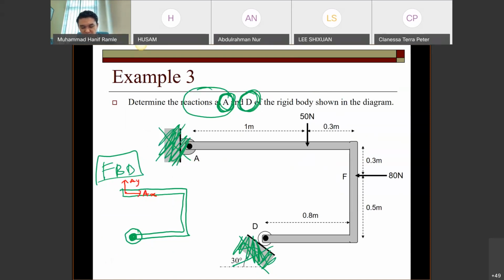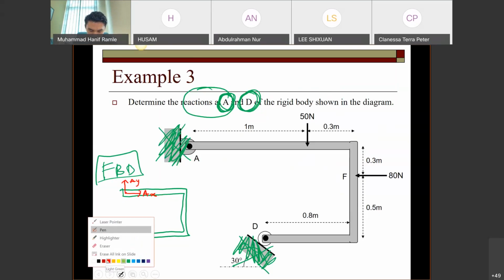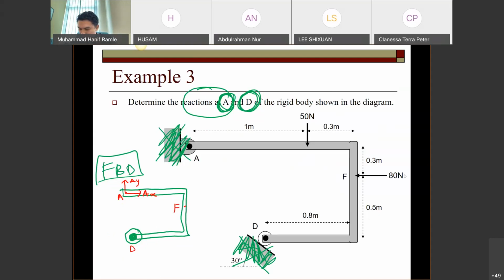How about point D? How many reactions are there? One. Yes, correct. So in which direction? Not moment. In which direction actually, for D? Come on, guys.